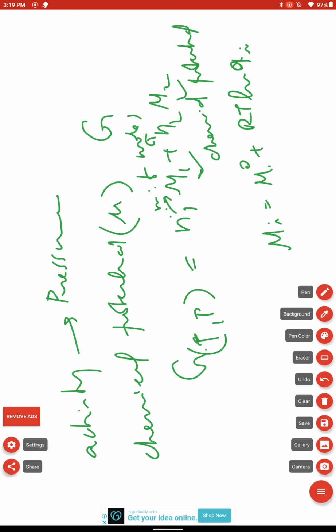The activity a i of the ith component of a mixture at constant temperature and pressure is defined by this relation in terms of chemical potential. Here mu i 0 is the standard chemical potential, R is the gas constant, T is the temperature, and a i is the activity of the ith component.